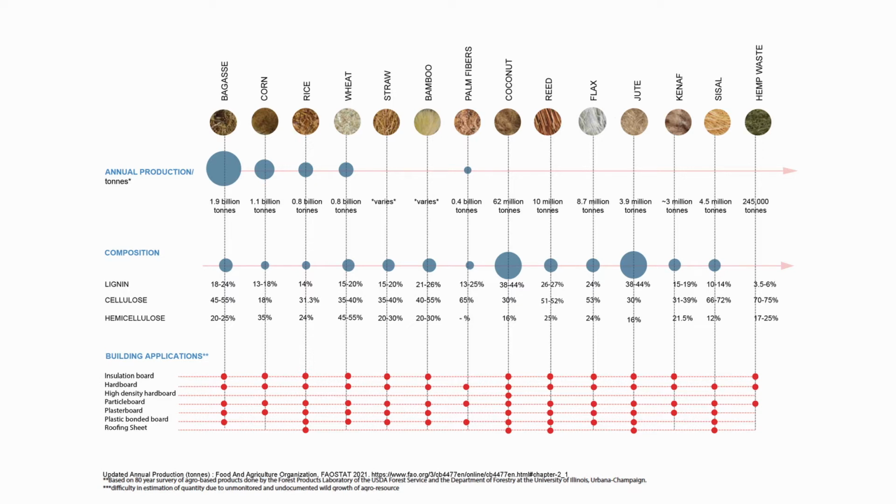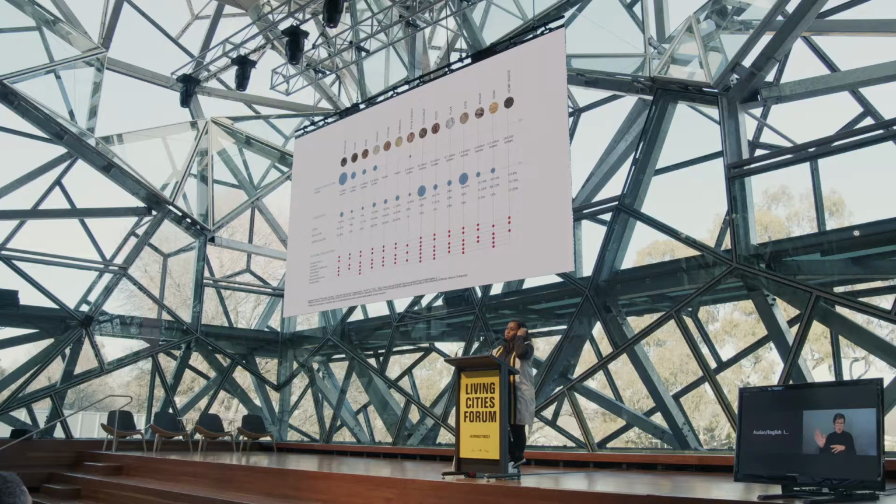And these four cereals basically represent 50% of all the agricultural waste on our planet. And there's something worrying also about relying on looking at these four feedstocks as supplying the demand for bio-based building materials, because we might accelerate and exacerbate this sort of monoculture because we want their byproducts.